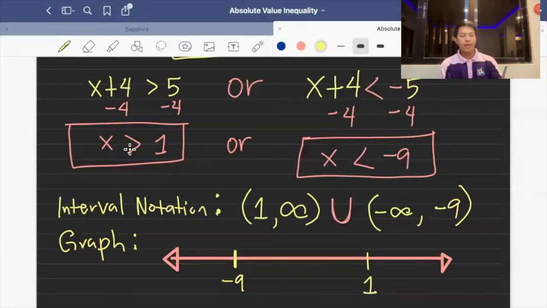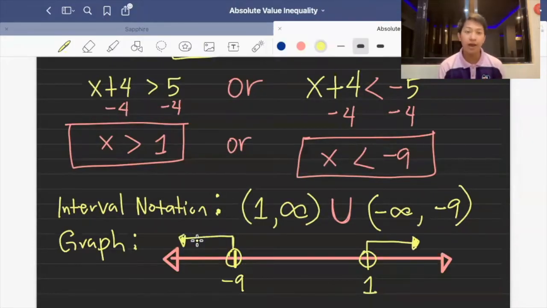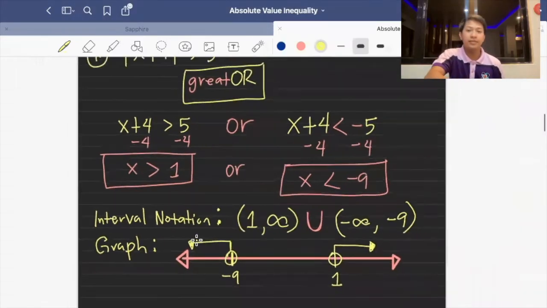We can graph X is greater than 1. So it goes to the right, since X is greater than 1. And X is less than -9. It goes towards -infinity. And yeah, that's the graph of our absolute value inequality.